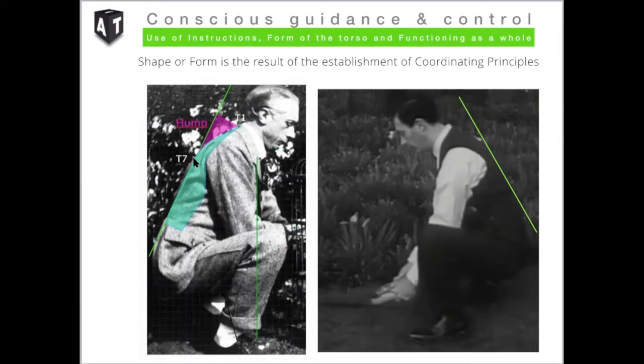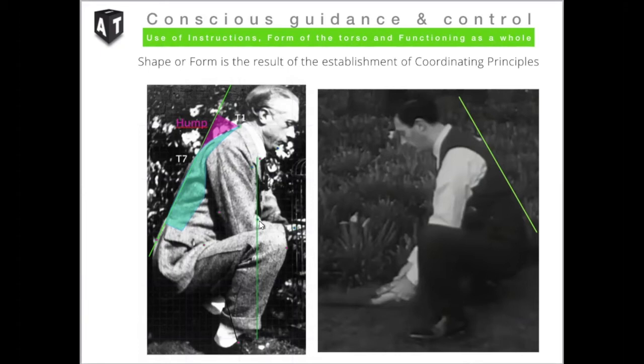And around T7, T7 is the name for the seventh thoracic vertebra process, around that spot, we can see that suddenly they have organized the upper torso to come forward and up. Not forward and down, but forward and up.